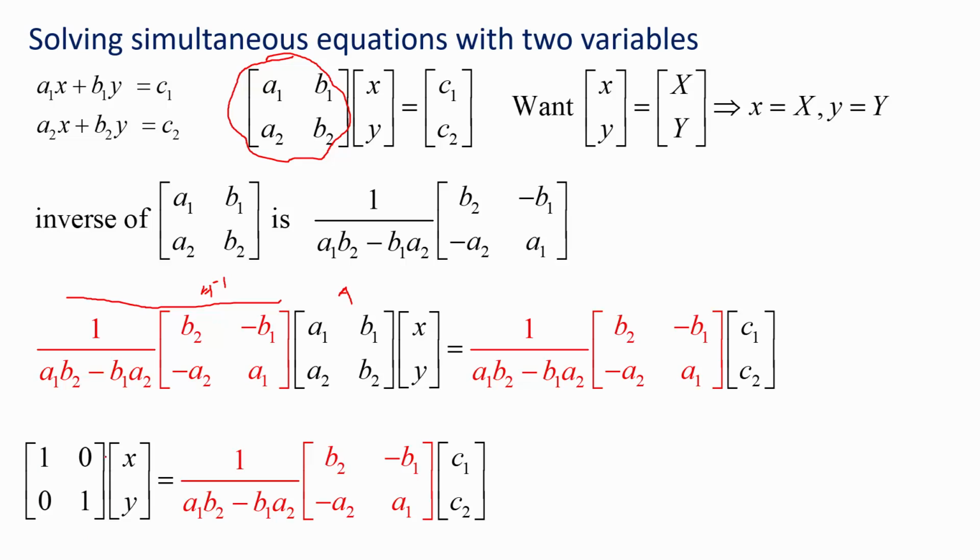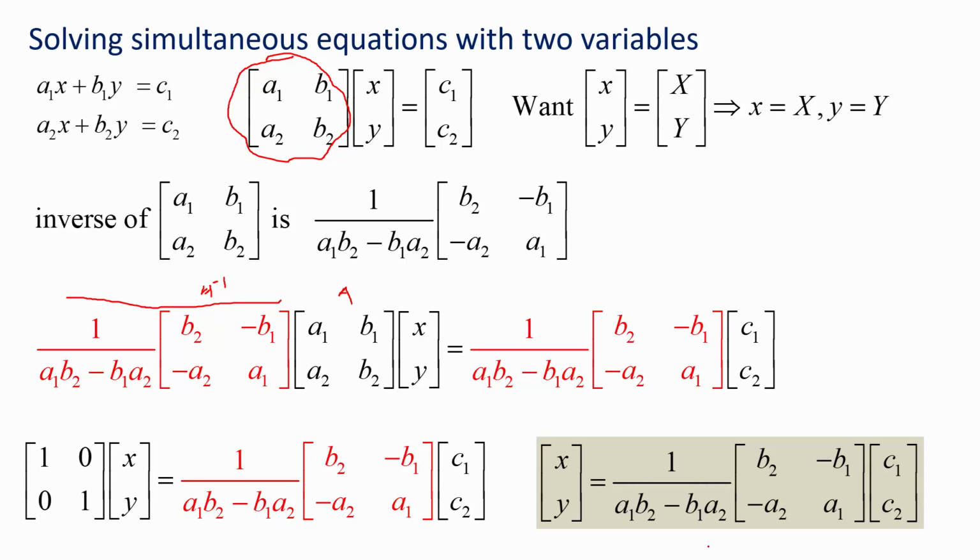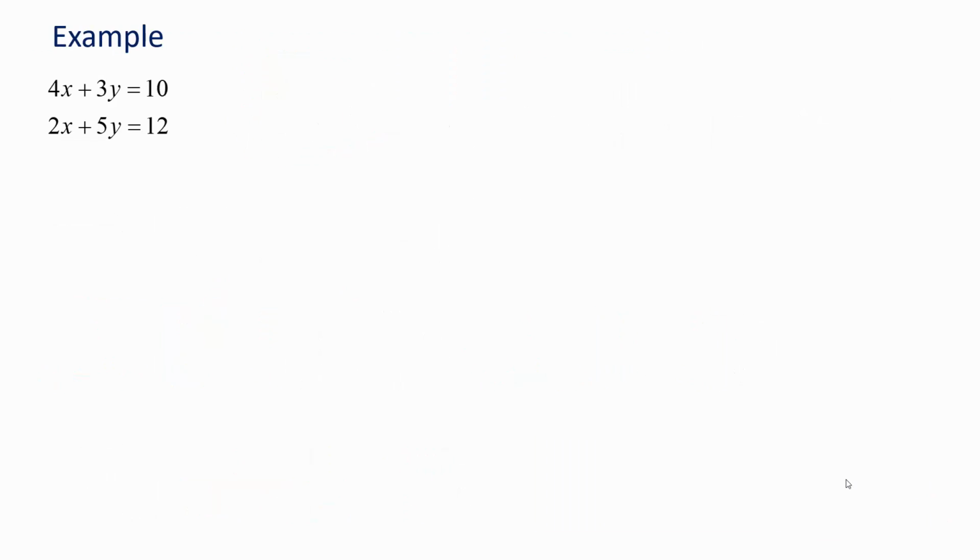We can replace it with the identity matrix, and we still have what is shown on the right. So the identity matrix multiplied by matrix (x, y) just gives us (x, y). You can check that out by multiplying rows with columns. And there's our solution for x and y. We can of course expand the matrix product here, but we will do that using numbers.